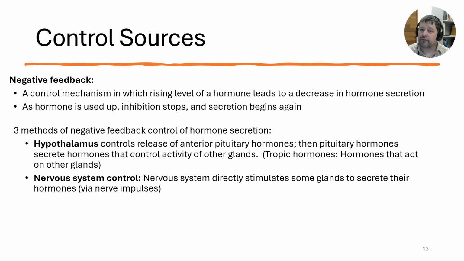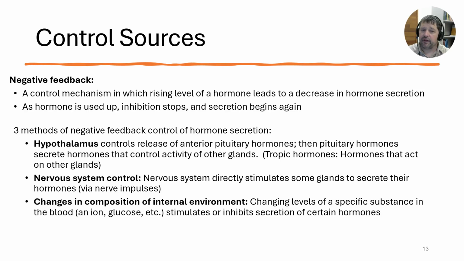Your nervous system can control it. So it can directly stimulate glands to secrete their hormones. And then if there's no nerve impulse, that gland's not secreting that hormone any longer. And then you can have changes in composition of the internal environment. So you can have specific substances that might be in blood, like glucose, or different types of ions that can stimulate the secretion of a hormone.